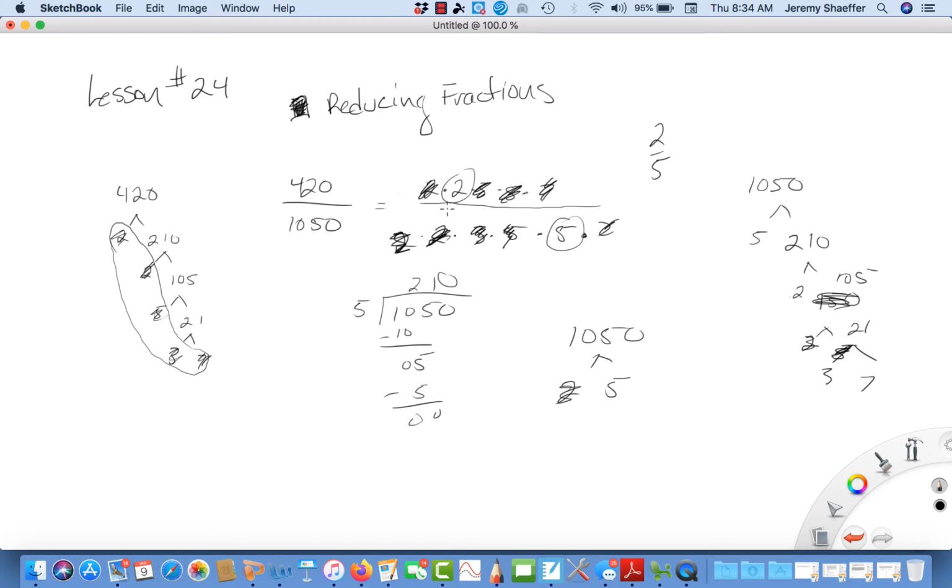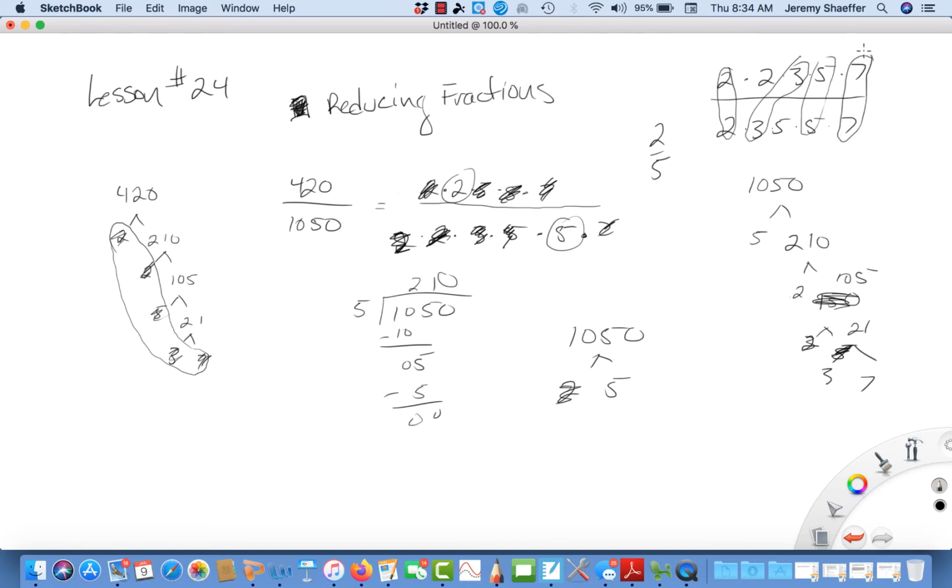Now, one other thing that I want to demonstrate. Okay, so let's rewrite this. 420 was 2 times 2 times 3 times 5 times 7. And the 1050 was 2 times 3 times 5 times 5 times 7. Okay, so here's what I'd like to do. I'd like to circle each of these that were common factors.